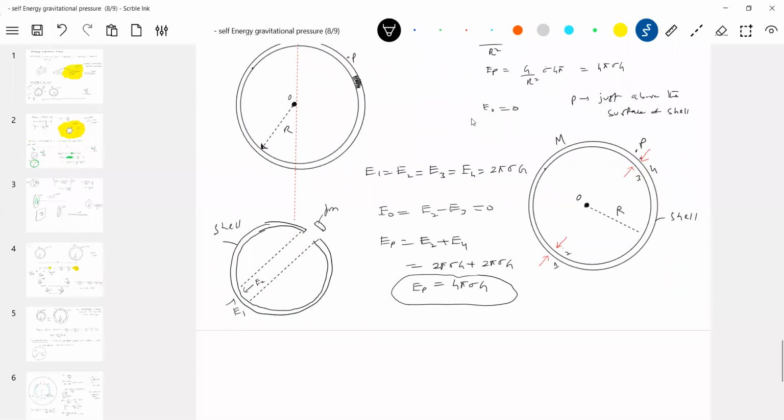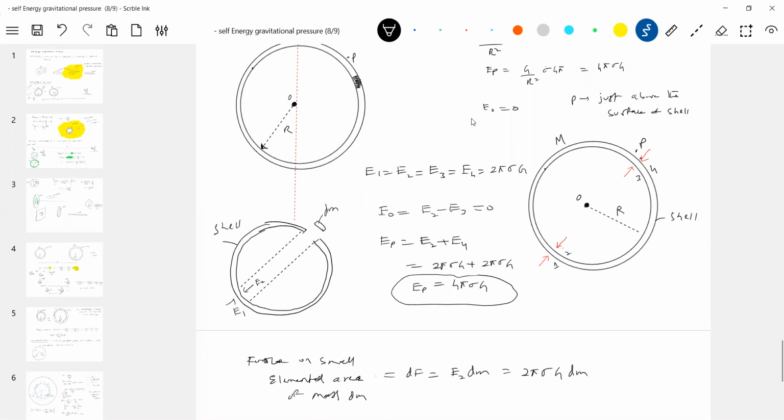The force on a small elemental area of mass dm is dF equal to E2 into dm. What is the value of E2? Just now we have concluded, 2 pi sigma G into dm.